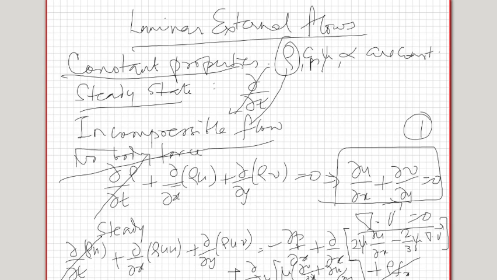If I multiply the continuity equation by u and subtract it from this one, I'll subtract u del u by del x and u del v by del y from here, and what will remain will be u del u by del x plus v del u by del y. Let's do it on the next page so that there is clarity.